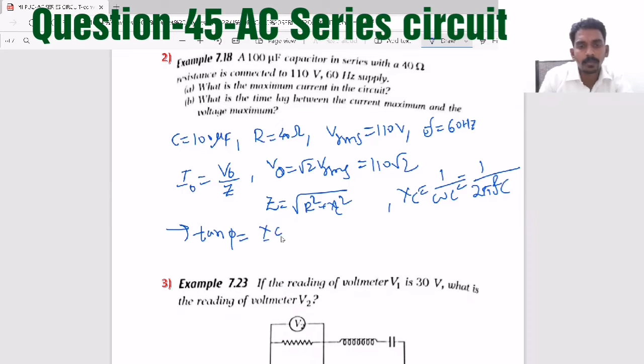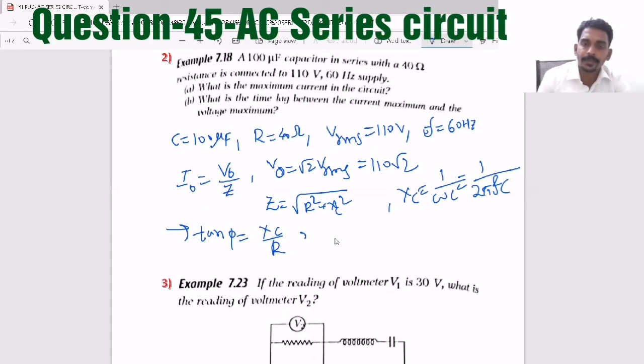That is XC by R. Generally in these situations, if it comes as an exact value, then only we can find it. Otherwise, in the examination, they have to mention the required value. Because suppose tan phi equals root 3 came, then phi is 60 degrees, nothing but pi by 3 radian, because we have to take phi in terms of radian. But if it came something like 0.3, 0.5, some random value, then we cannot get the phi value. So in those cases, they will mention it in the question.